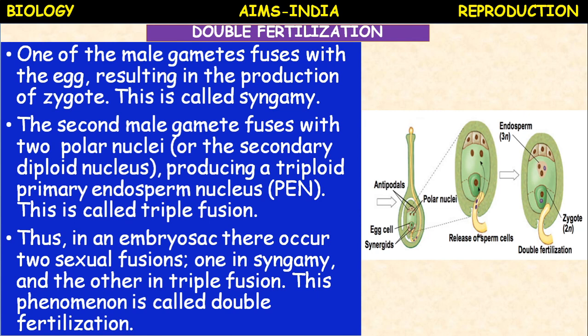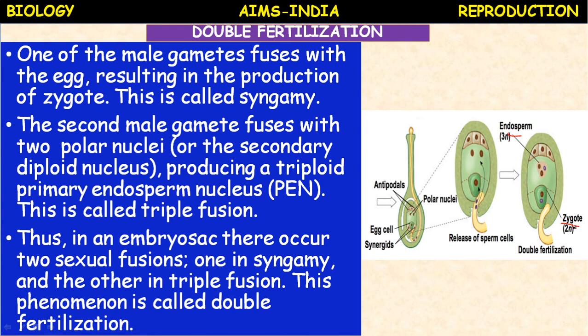As the pollen tube releases the two male nuclei, one of the male nuclei fuses with the egg cell and another male nucleus fuses with the polar nuclei or secondary nucleus. This will form the endosperm nucleus. The nucleus which combines with the two polar nuclei forms a triploid nucleus, the endosperm, and the male nucleus which combines with the egg cell results in the diploid cell, the zygote.